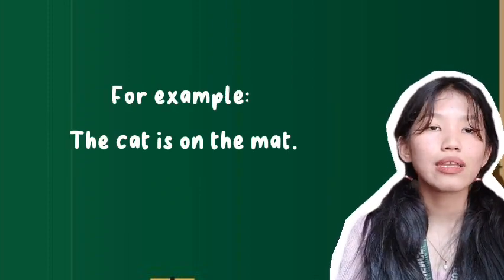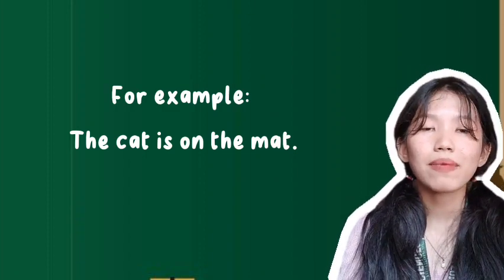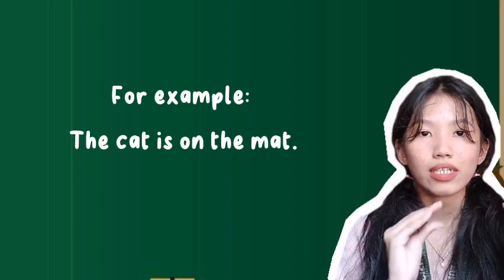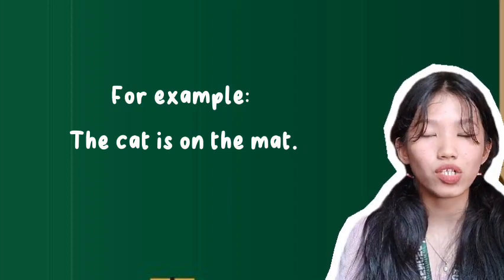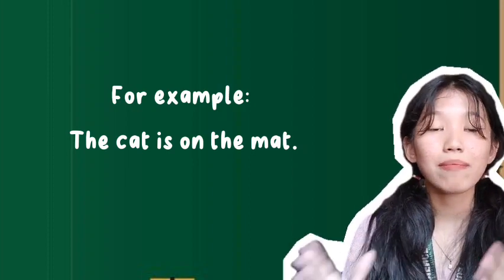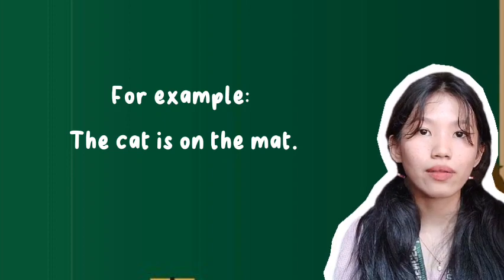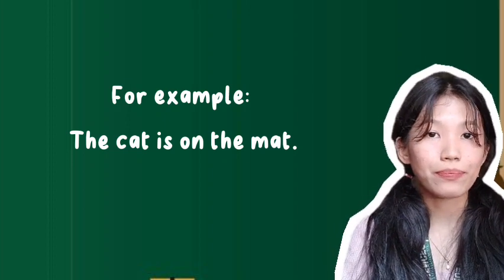For example, consider the sentence, "The cat is on the mat." Semantics would analyze the meaning behind each word and how they combine to convey a specific message. It would explore the relationship between the cat, the mat, and the word on to understand that the cat is positioned on top of the mat.